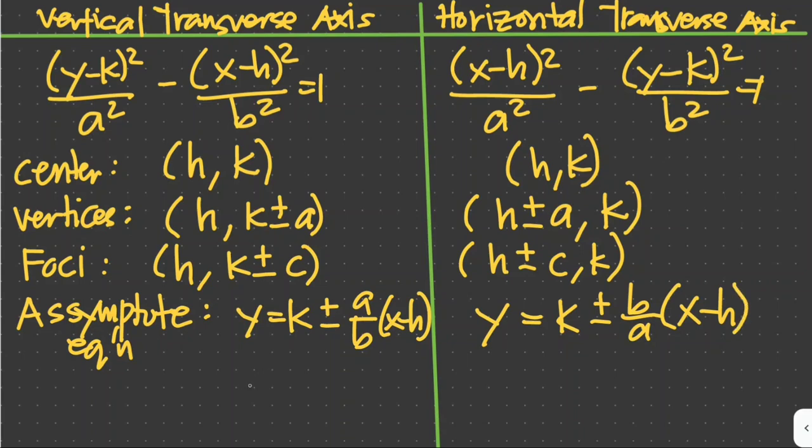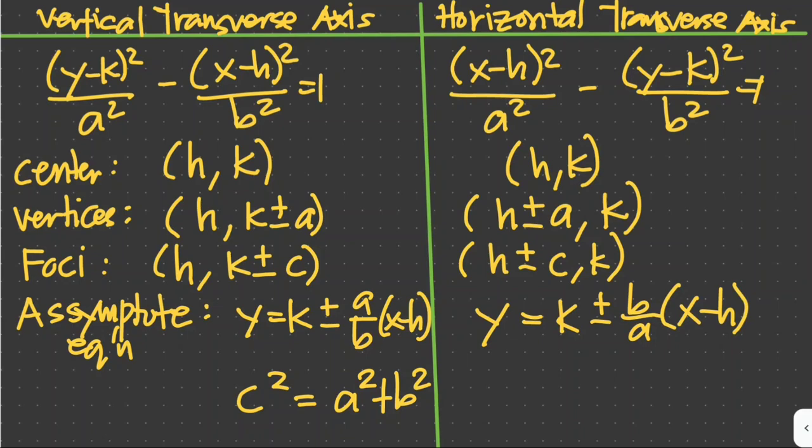And then we can use this equation, c squared equals a squared plus b squared, to solve for c. So you can find your foci.